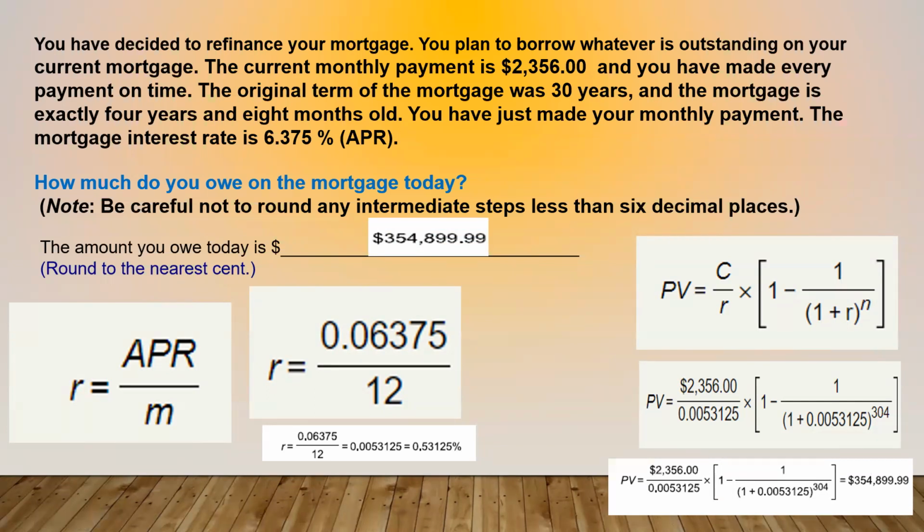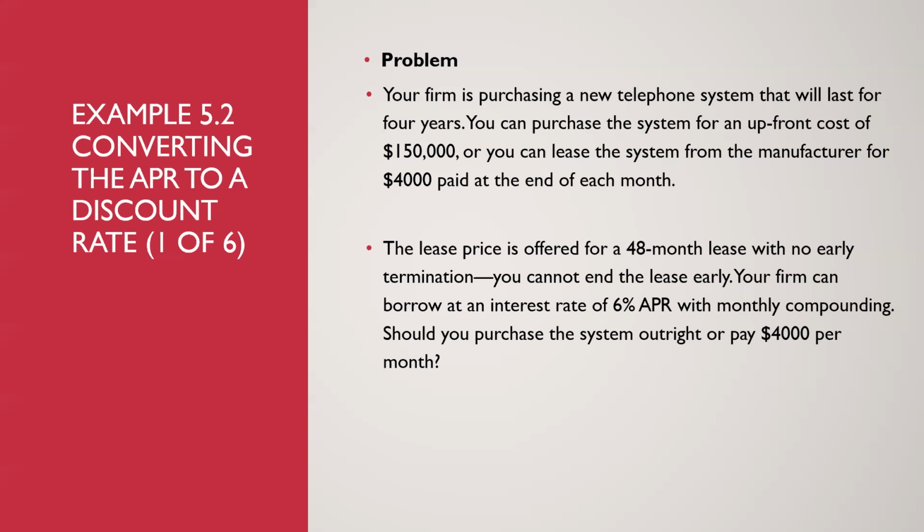Here's another problem. The firm is purchasing a new telephone system that will last for 4 years. You can purchase a system for an upfront cost of $150,000, or you can lease the system from the manufacturer for $4,000 paid at the end of each month.